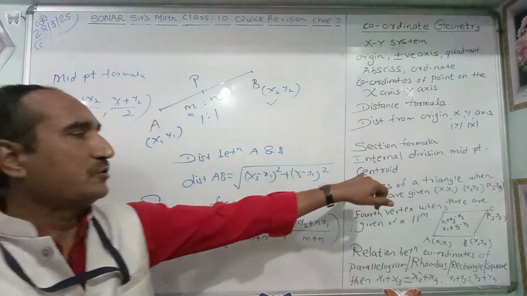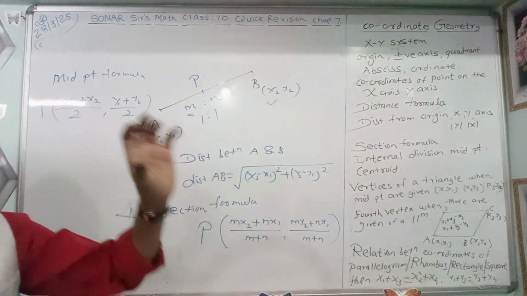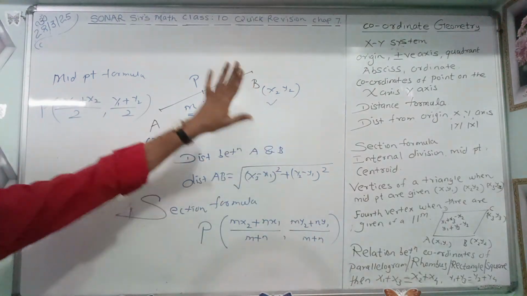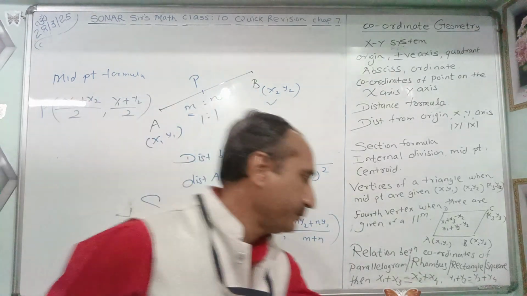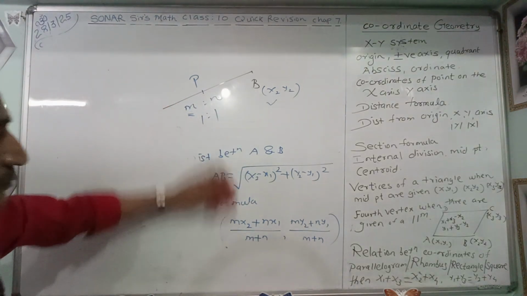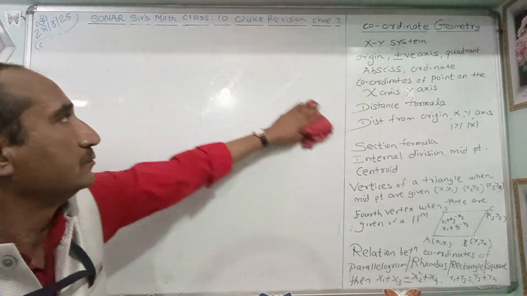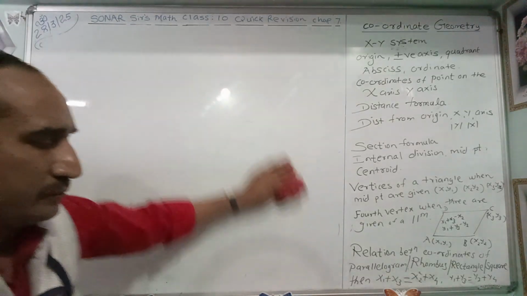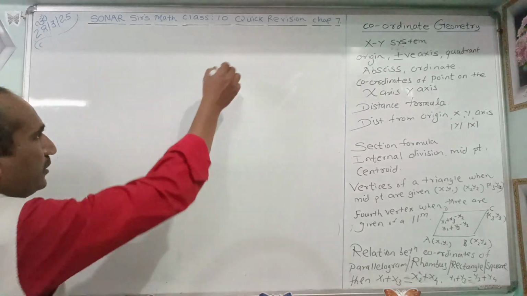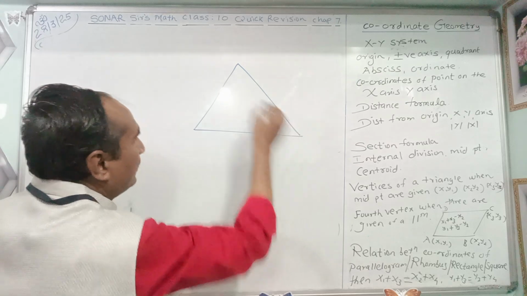We'll discuss the centroid also, but the centroid is related to the triangle, so we'll discuss it by drawing the triangle. Now what is the centroid? The centroid is the point of intersection of the three medians of a triangle.